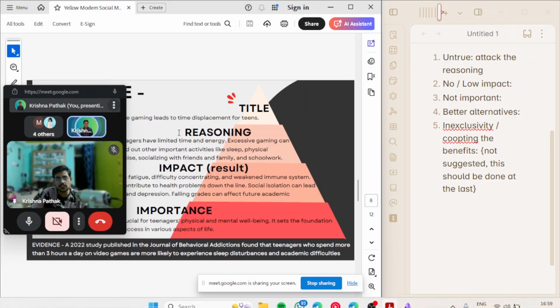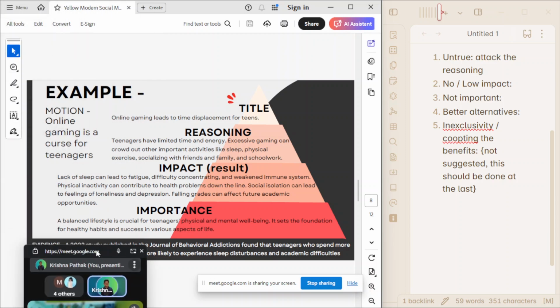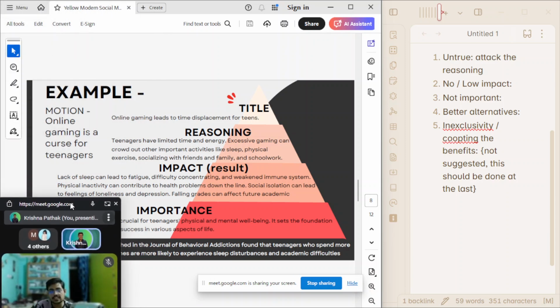When I give you this motion right here, and now, if you're just giving me some other benefit, some other advantage that online gaming can bring, that's what we call a counter argument. So you're just giving me a new argument from the other side, right?